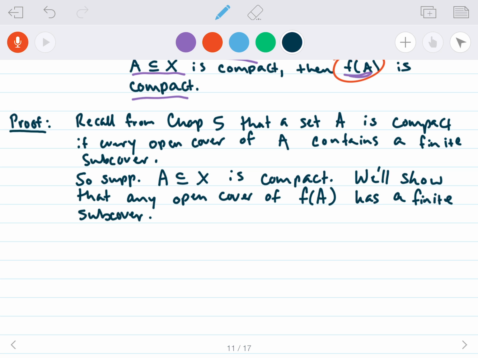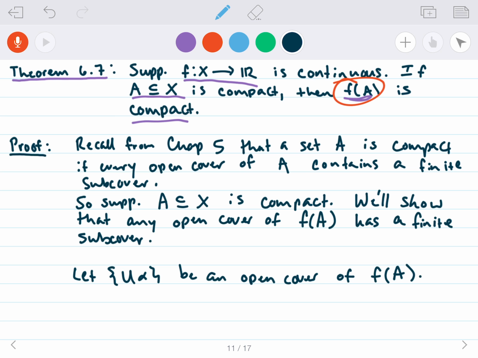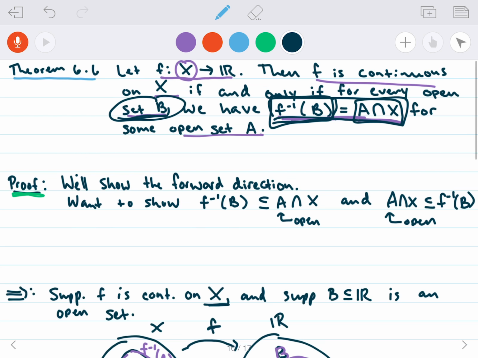All right, so what do we need to do? We need to start with an open cover. So let U alpha, a collection of open sets, be an open cover of the image of A. Okay, and so now we can utilize the previous theorem to get some things that we want to prove this theorem. So we have an open cover, and each of these guys is open. What does the previous theorem say?